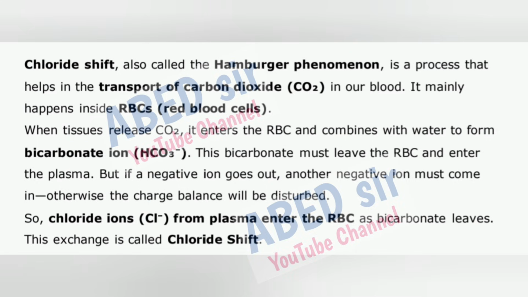This bicarbonate must leave the RBC and enter the plasma. But if a negative ion goes out, another negative ion must come in, otherwise the charge balance will be disturbed. So, chloride ions, Cl-, from plasma enter the RBC as bicarbonate leaves. This exchange is called chloride shift.